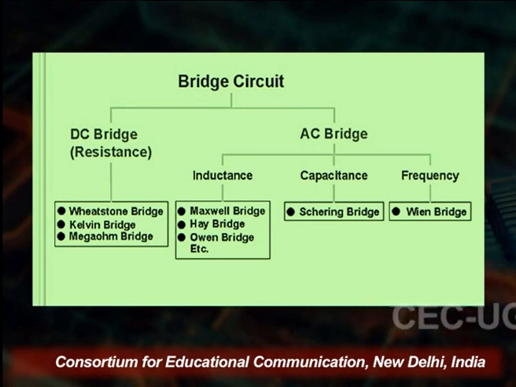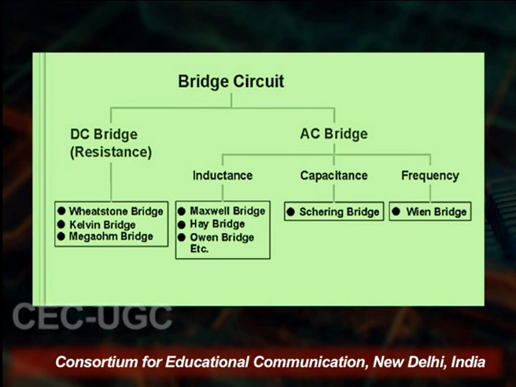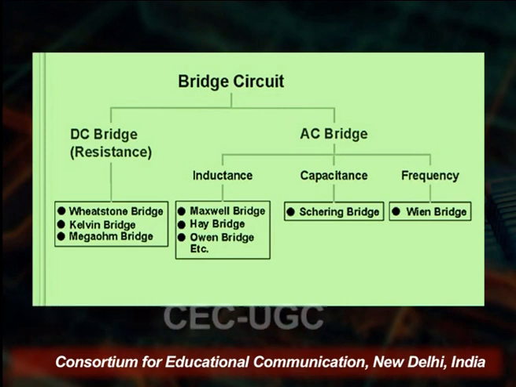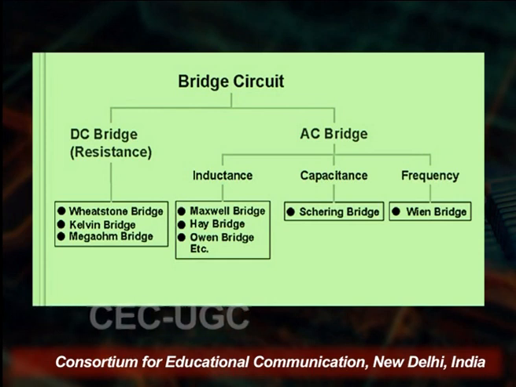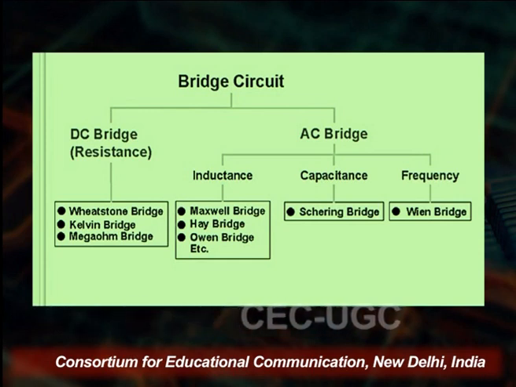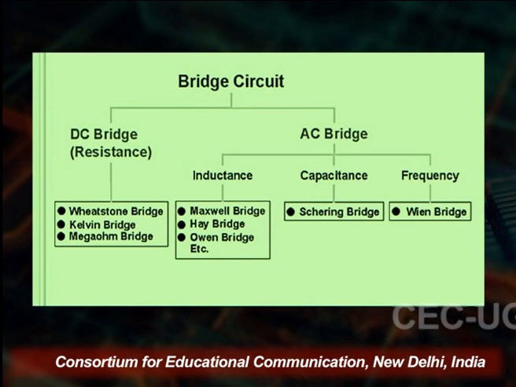They are further subdivided. On the left-hand side we have the DC bridge that determines the resistance, and it is divided into subtypes like the Wheatstone bridge and so on. On the right-hand side we have the AC bridge, which on the basis of impedance, capacitance and frequency is subdivided. So these are the various forms of bridges.